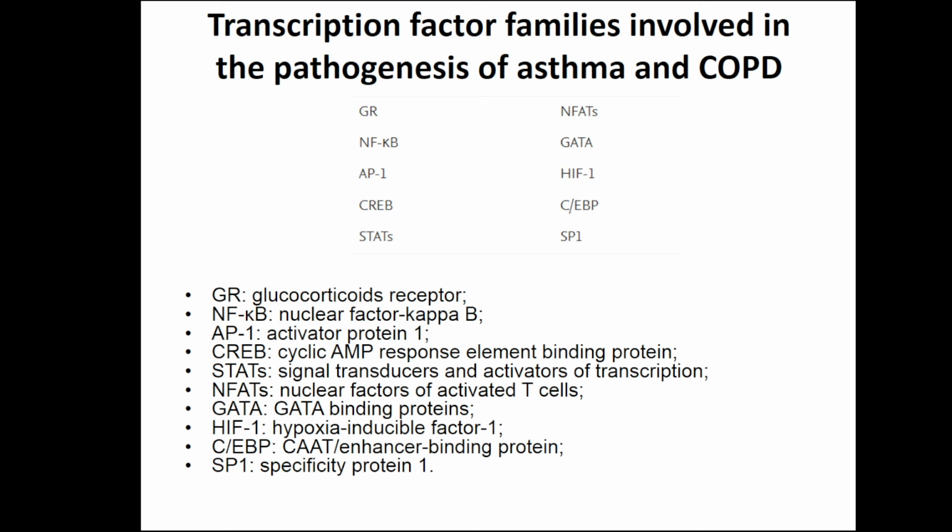In this slide, you can look at the glucocorticoid receptor. It can work as a transcription factor. Nuclear factor kappa B, activator protein 1, cyclic AMP responsive element binding protein, signal transducer and activators of transcription, nuclear factors of activated T cells, GATA binding proteins, hypoxia inducible factor 1, CAAT enhancer binding protein, and specificity protein 1.